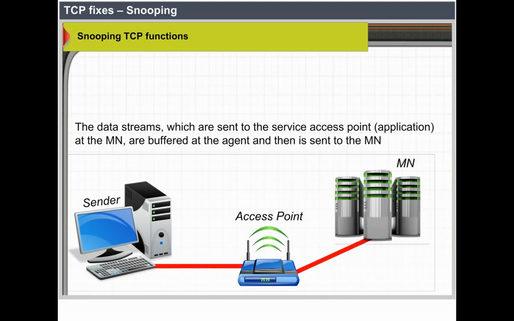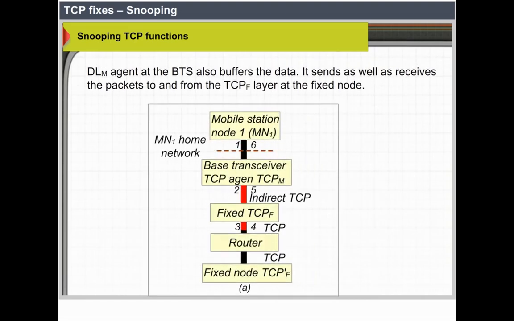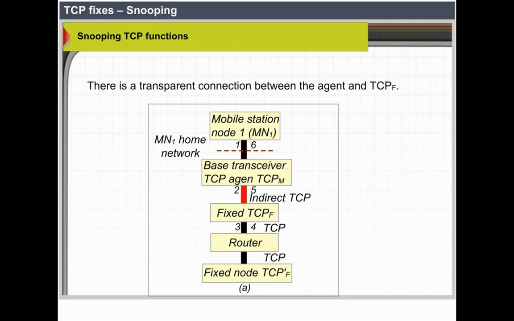The data streams sent to the service access point application at the MN are buffered at the agent and then sent to the MN. The DLM agent at the BTS also buffers the data and sends and receives the packets to and from the TCP/F layer at the fixed node.